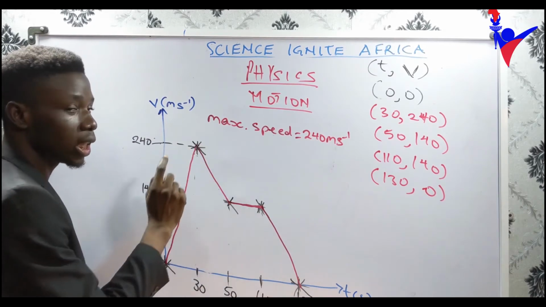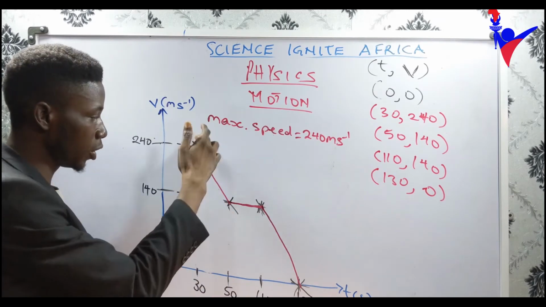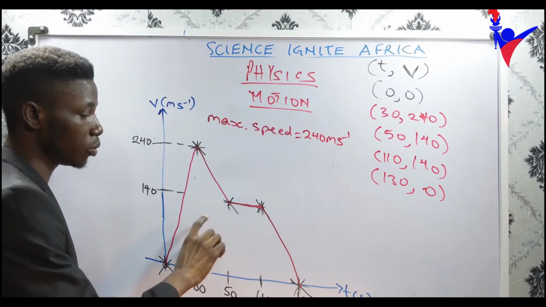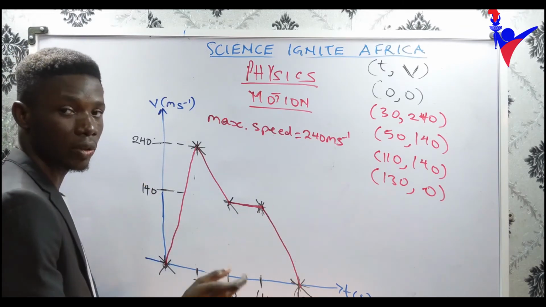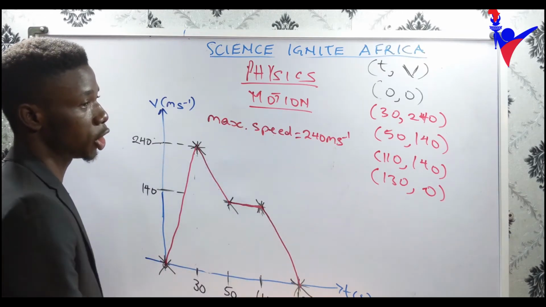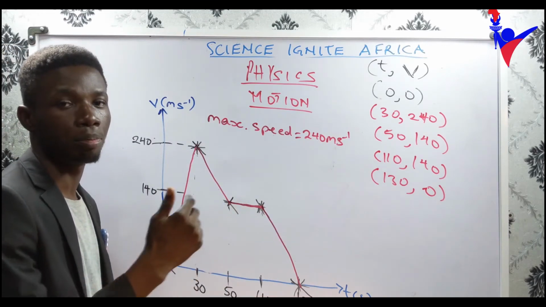From the first stage, we have an acceleration. The second stage is the case of deceleration. The body decelerated. And the third stage, we have the case of uniform velocity, the instance of no acceleration. And the last stage, we have deceleration. But this question wants us to find the average retardation as the body is being brought to rest.